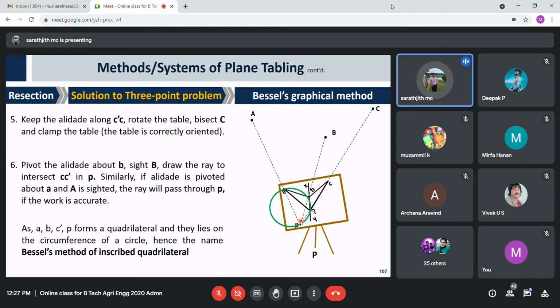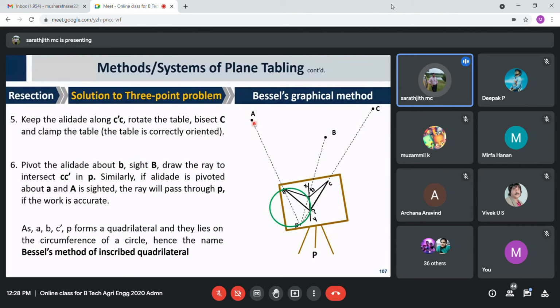In general, what we do is we have 3 points, so we have three instrument stations. Two of them we will be using for sighting. We have chosen A and B, and the third point we will be using to draw a ray.